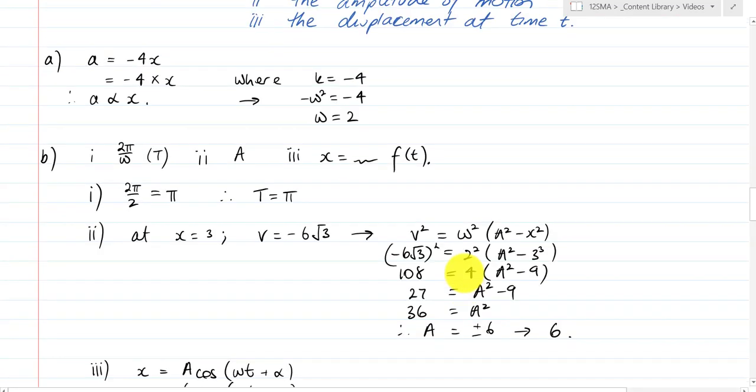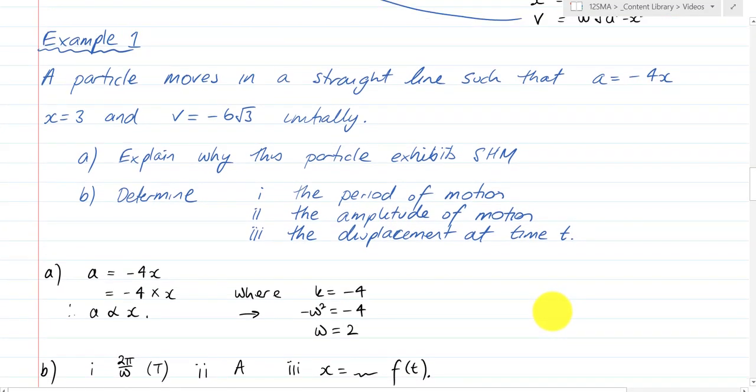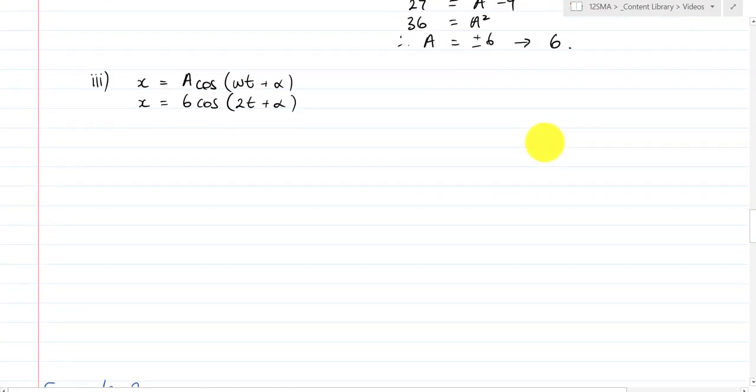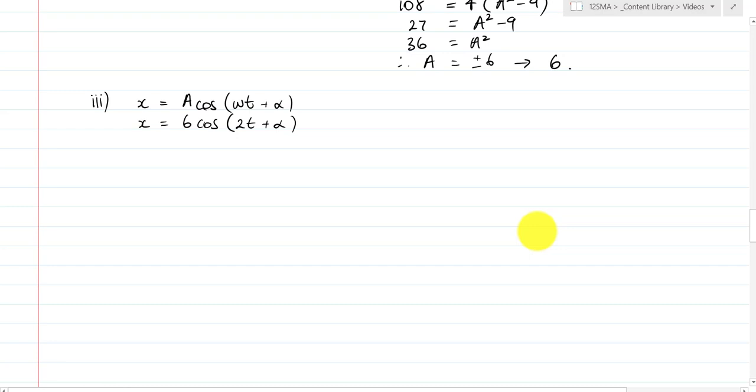So going back to the question, I know that it says here initially x equals 3. So I'm going to use that. And that's another good reason to pick cos, because I know it's not initially 0. So at time equals 0, x equals 3.